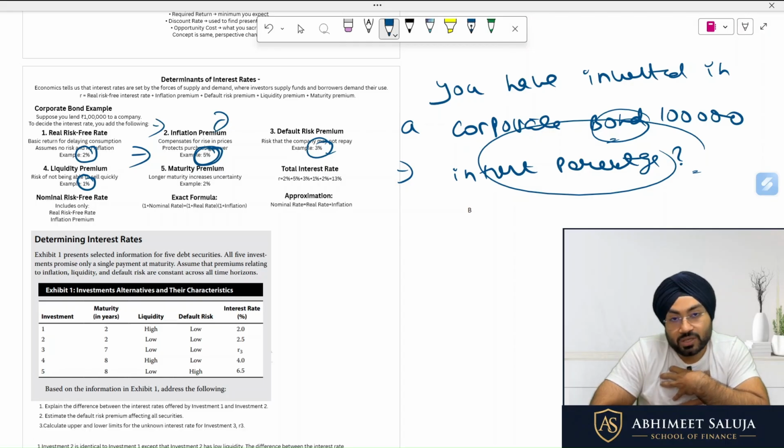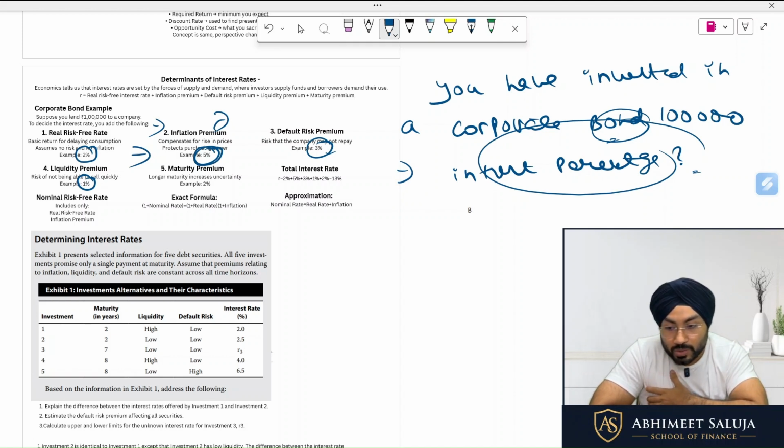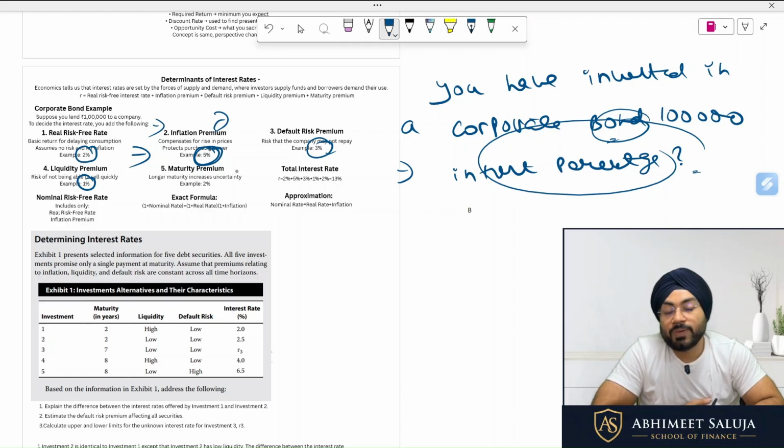You need compensation for that, because you won't be able to sell that asset during the life of the bond. What if you needed money during that phase? That is basically liquidity premium, of not being able to sell that asset at the right valuation whenever you want. So you demand a 1% liquidity premium for it. Now what is maturity premium?